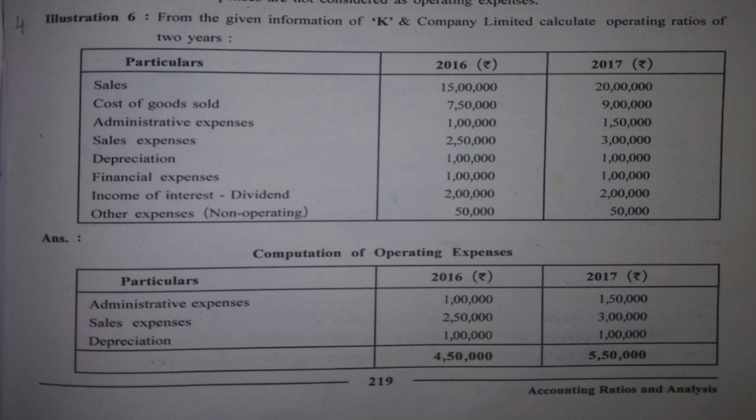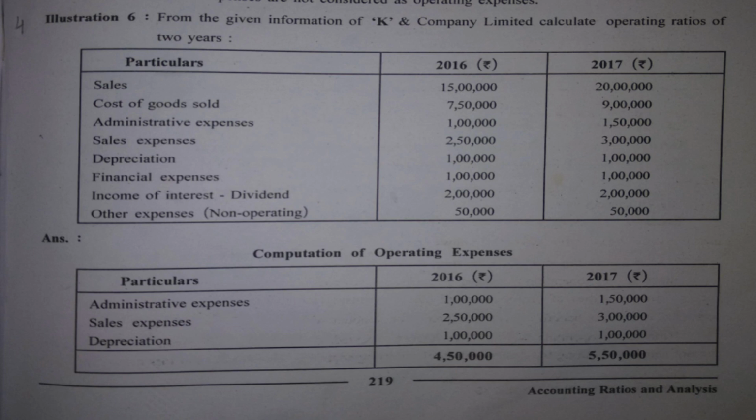The same explanation with proper understanding you will apply to the data of 2017 and you will obtain the answer. We are supposed to calculate operating ratio. So firstly, what do we need? COGS. Is it given? Yes, it is clearly given for 2016. It is 7,50,000.